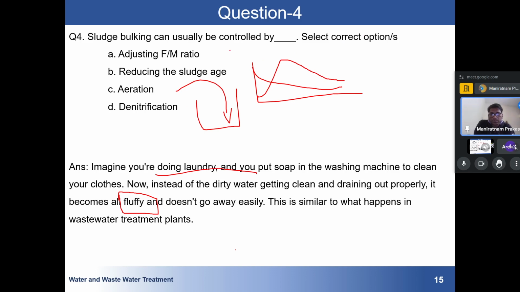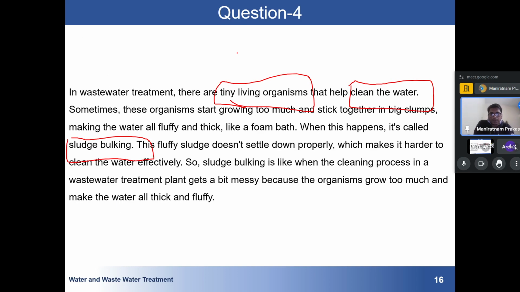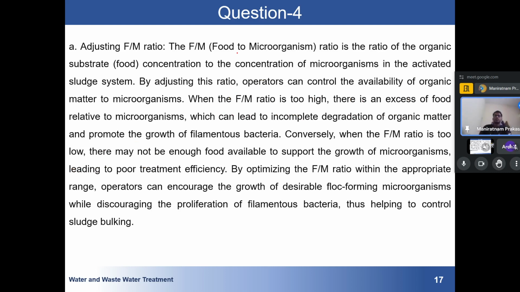I have explained this graph. Obviously, production of sludge can be controlled if I control this ratio. By adjusting this ratio, the operator can control the availability of organic matter to the organisms.